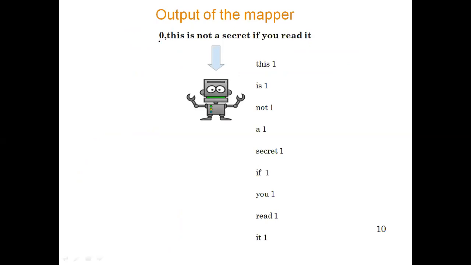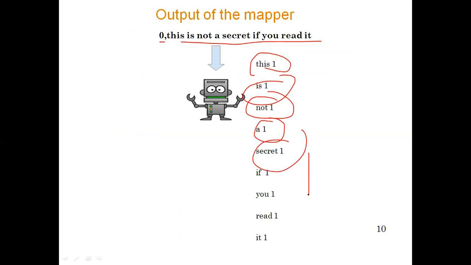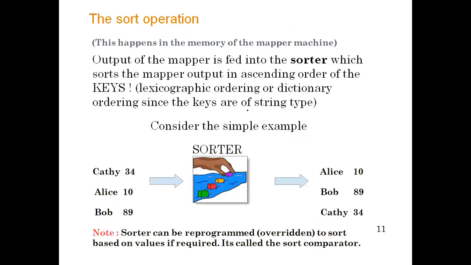The key was 0, and this was the input. Now the first word has been assigned 1, "is" has been assigned 1, "a" gets 1, "secret" gets 1, and so on till the end. Each and every word has been assigned the value 1. So this was the basic output for the mapper stage.